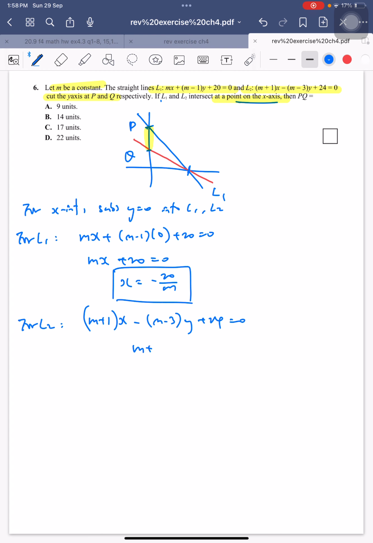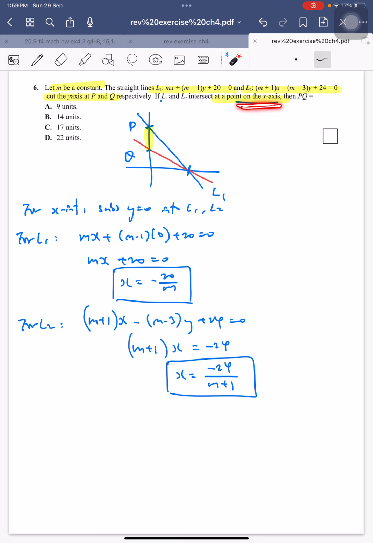Now I have (m plus 1)x equal to negative 24, so x is equal to negative 24 divided by (m plus 1). As they meet at the same point on the x-axis, the x-intercept should be the same. So negative 20 over m should be equal to negative 24 divided by (m plus 1).